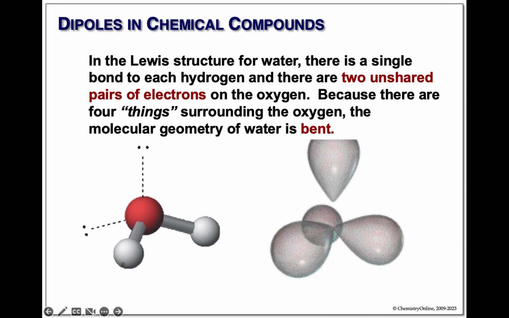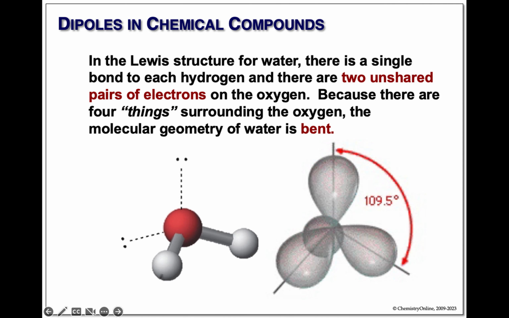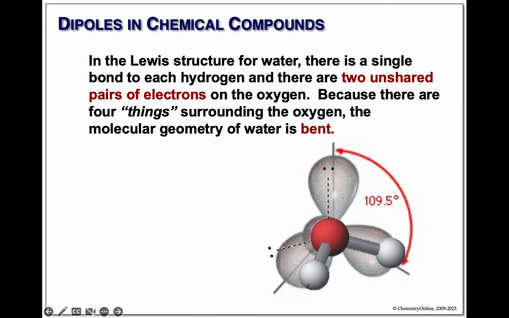And bringing in the fourth, like we have in water, we get geometry that's known as tetrahedral. Tetrahedral, all of the bond angles are 109. Our central atom is here sitting up off the bottom. That's our water in tetrahedral geometry. So it's bent.